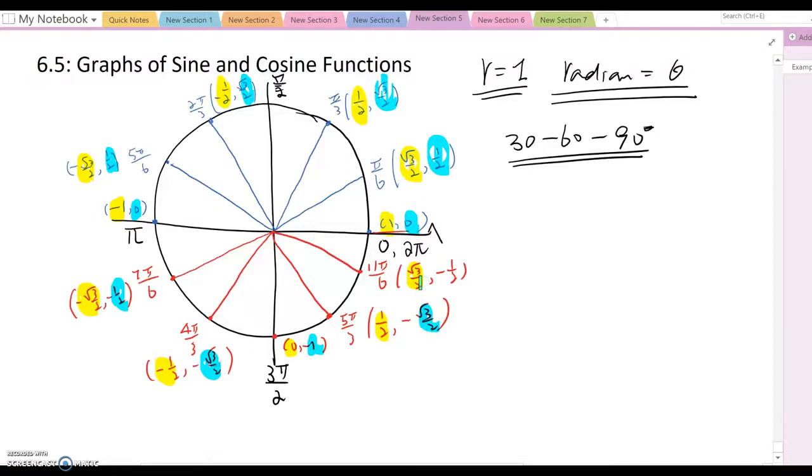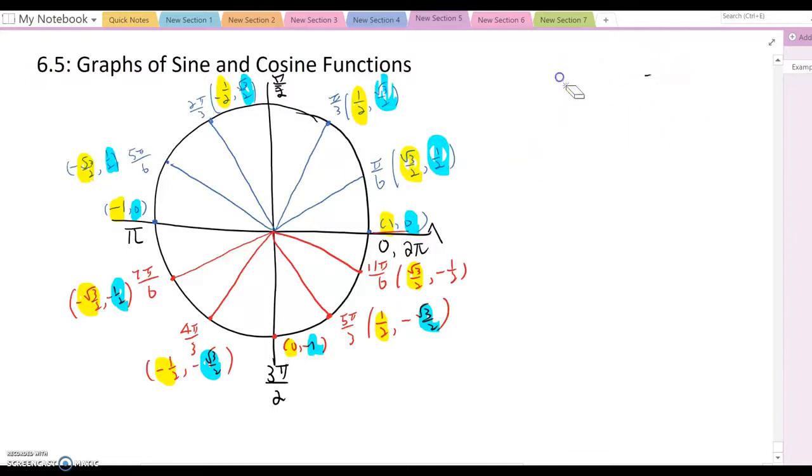Based on this, we can construct the basic graph of sine and cosine functions. Of course, there are also 45 and 90 degree values on the unit circle, but we can use these values. I think that's also enough, so I mostly use only these values here.